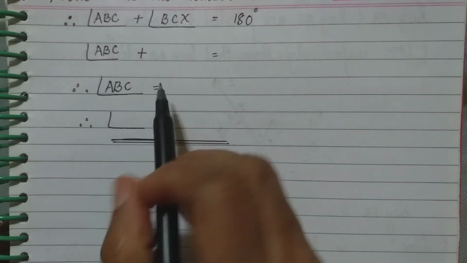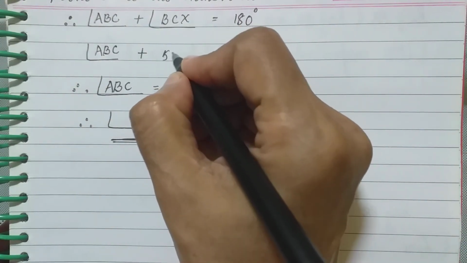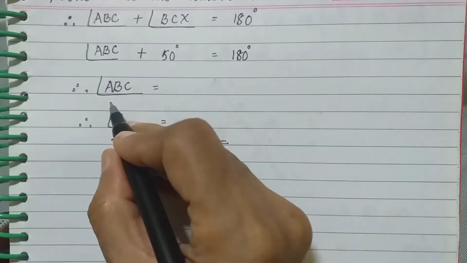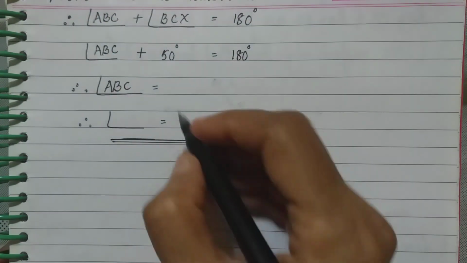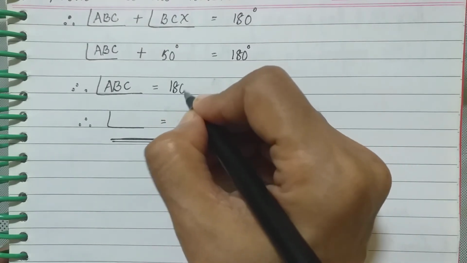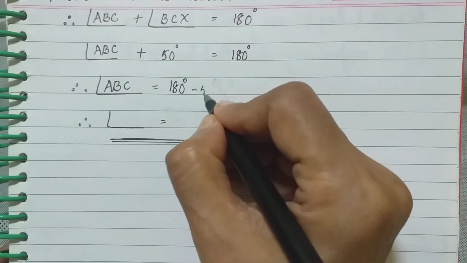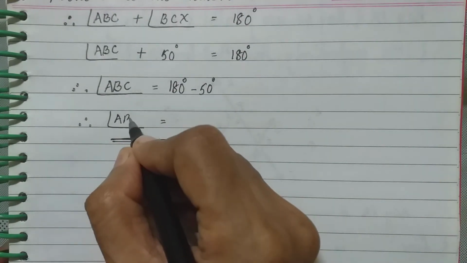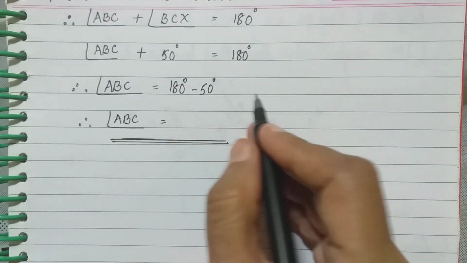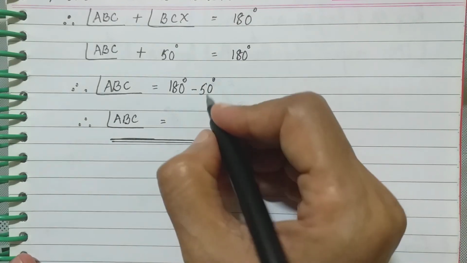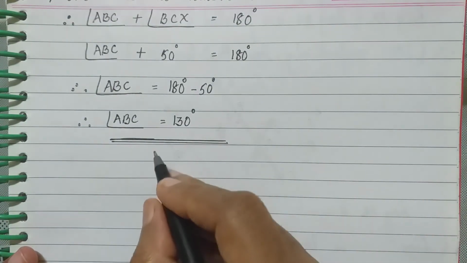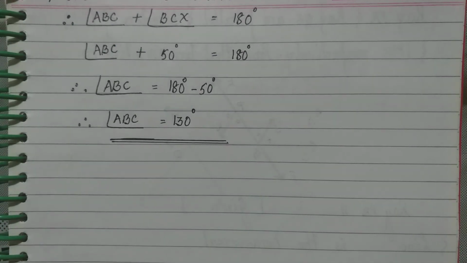So angle ABC plus 50 degrees is equal to 180 degrees. Therefore angle ABC will be, on the other side, 180 degrees minus 50 degrees. Therefore angle ABC is equal to 180 degrees minus 50 degrees, which is 130 degrees. Therefore it is 130 degrees. This is the measure of the angle that was asked.